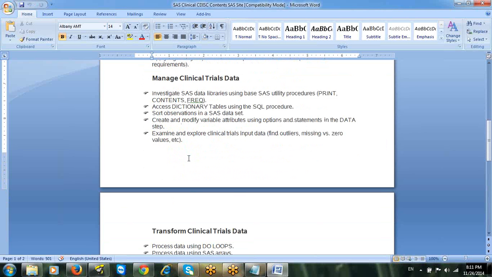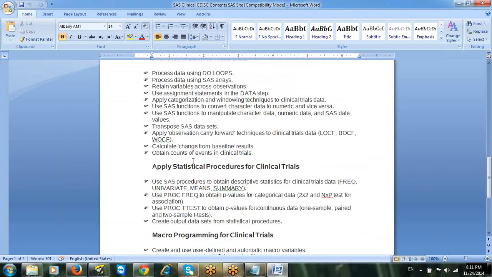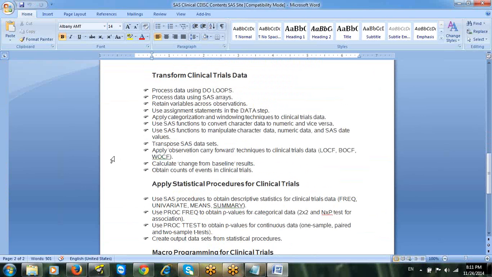Of course, the majority of these things we have already gone through in regular SAS, so I will just touch on them and go a little deeper. We will cover importing and exporting, managing clinical trial data, and transforming. This is the main heart of the training. Loops, arrays: we have seen them, but here we will go a little deeper.